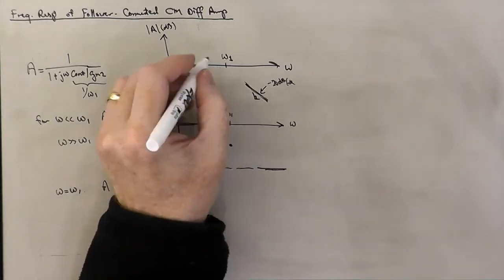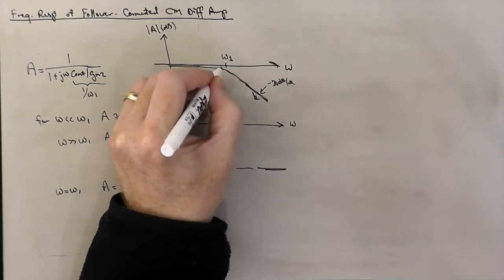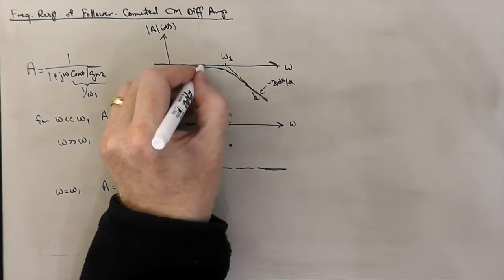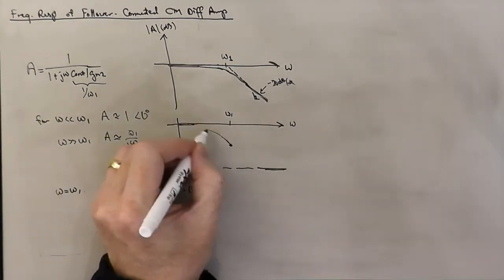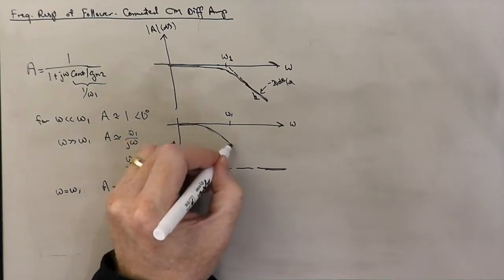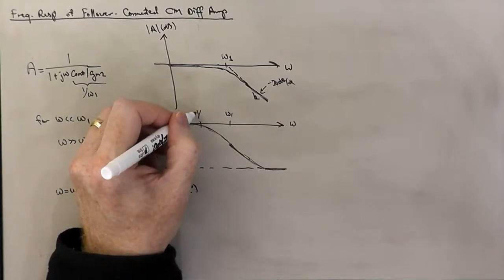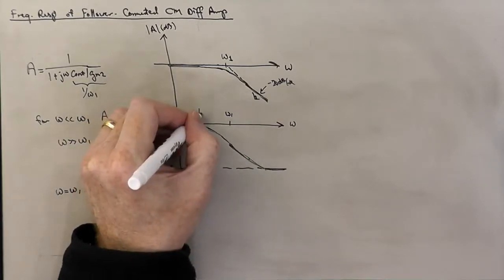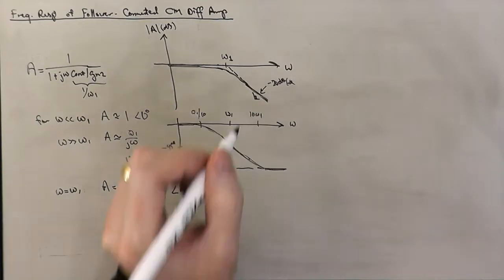And so that's going to be down by 3 dBs from the intersection of the straight line asymptotes. And again, this is going to be approximately 1 over omega 1 over 10. This is going to be approximately 10 omega 1.